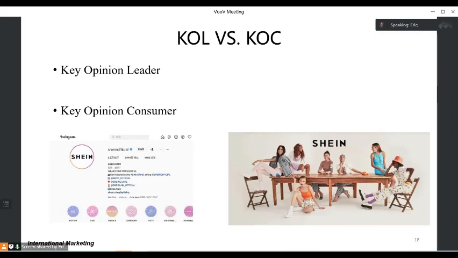If you have an account on TikTok or YouTube, you often upload videos about how to try and evaluate this new product.